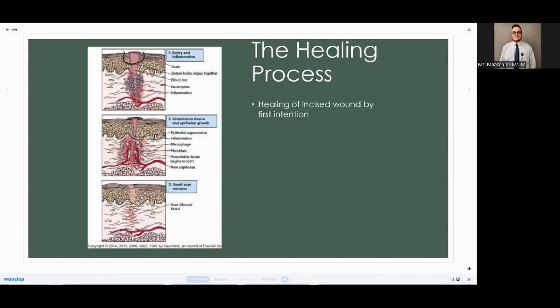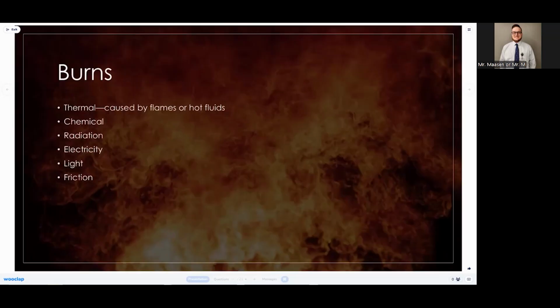Second intention is much more granulation tissue, a larger area filled with scar tissue to fill the gap. Just keep in mind with scar tissue and healing that the more scar tissue I have, the less functionality I regain. I want the tissue to get healed and replaced with the same type of tissue. Scar tissue is just to bridge a gap, and it doesn't hold the same functionality.